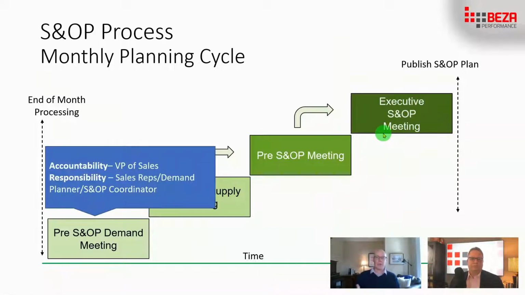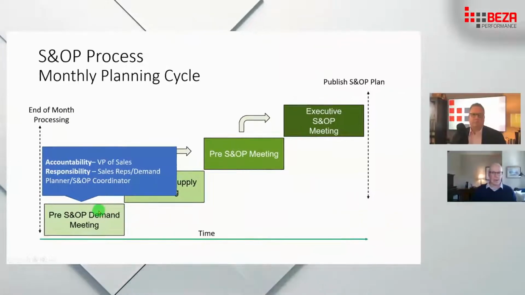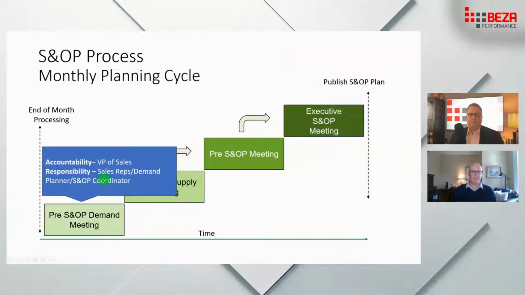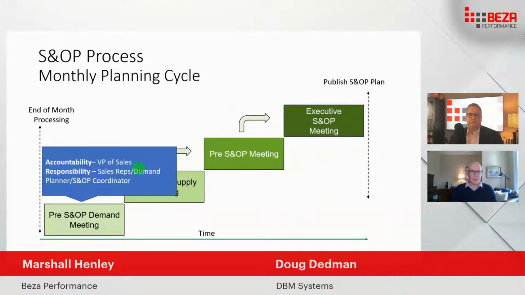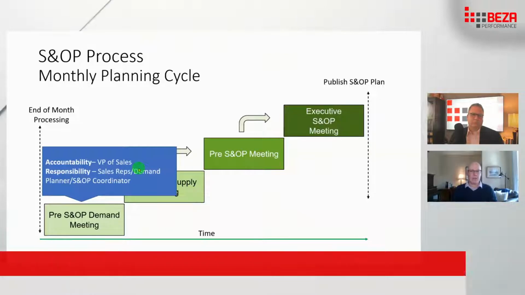Some of these should be fairly obvious. Accountability for the S&OP demand meeting really should be the VP of sales. You can plug in who it is within your organization, but it's the sales owner.